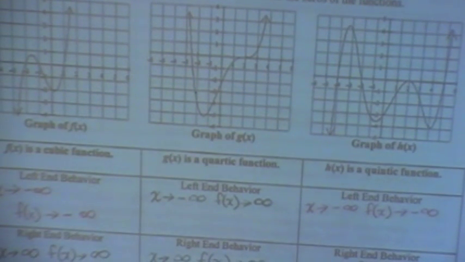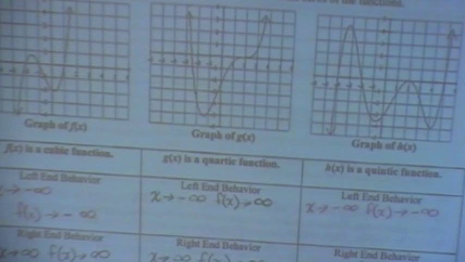And if you remember, polynomial functions that have an odd degree, so cubics, quintics, to the 7th degree, to the 9th degree, they're always going to have 1 up, 1 down.